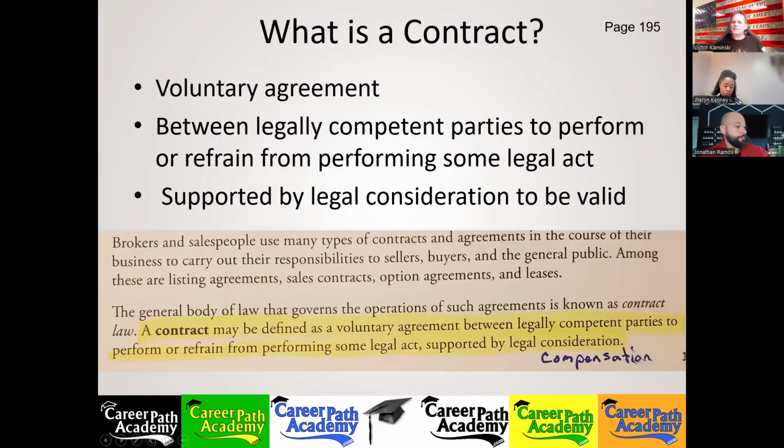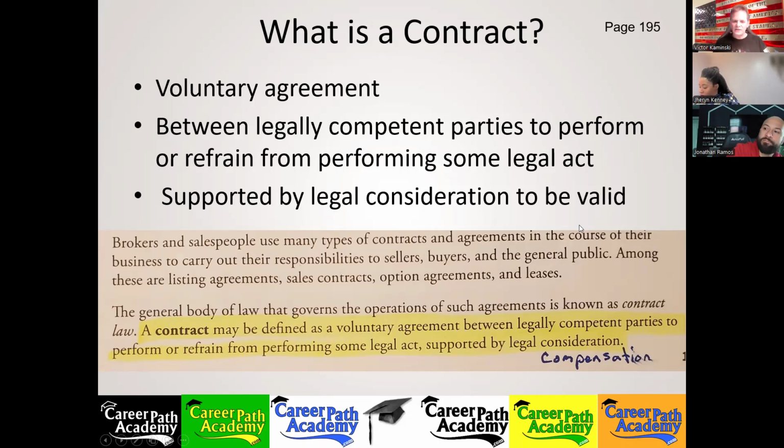So, what is a contract? It's a good place to start. It's a voluntary agreement between legally competent parties to perform or refrain from performing some legal acts. And for any contract to be valid, it has to be supported by something of value, which they refer to as legal consideration.